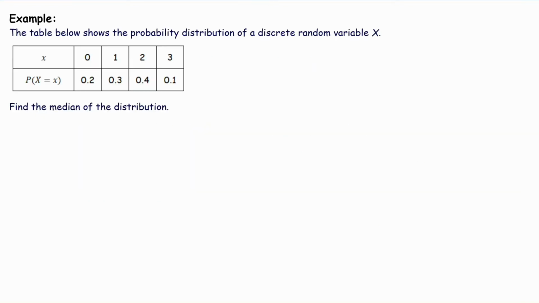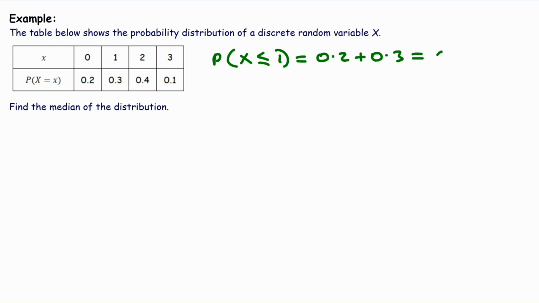Okay, so sometimes you may have a problem like this. We have a probability distribution of discrete random variable x, and we want to find the median. In this case, you can notice that the probability that x is less than or equal to 1 is 0.2 plus 0.3, which is 0.5.